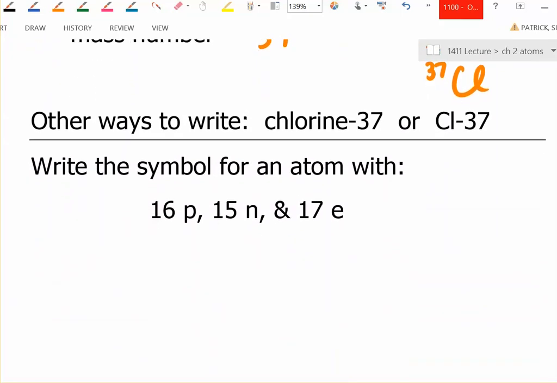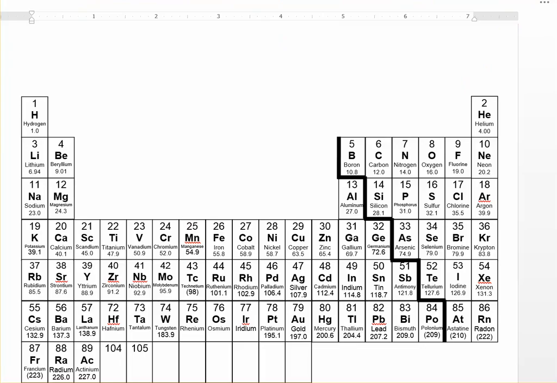Okay, let's go backwards. So we'll start with the number of protons. That tells us the element. So we'll need to look at our periodic table. Looking up on our periodic table, we look for atomic number 16 because that was the number of protons, and 16 is sulfur.